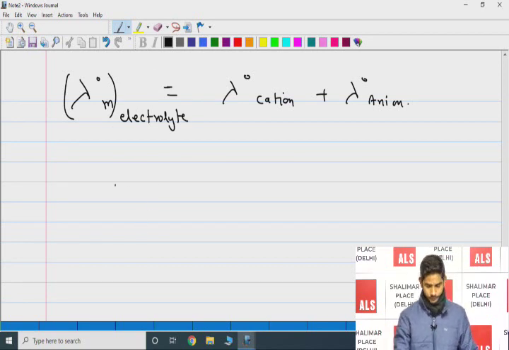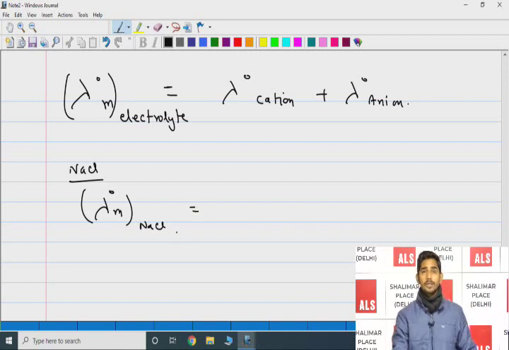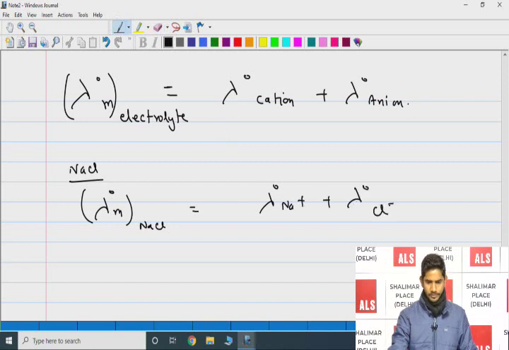Now, let's talk about NaCl. If I would like to write the lambda naught m for NaCl, just look at your screen very carefully. I know that NaCl ionizes to give Na plus and Cl minus. So we simply write lambda naught of Na plus plus lambda naught of Cl minus. That's it.